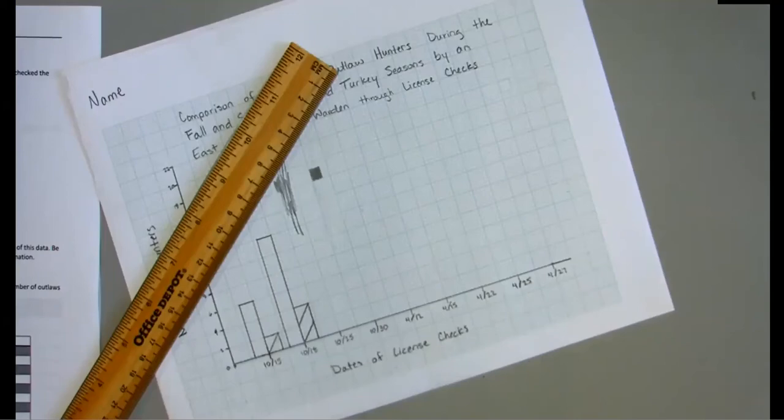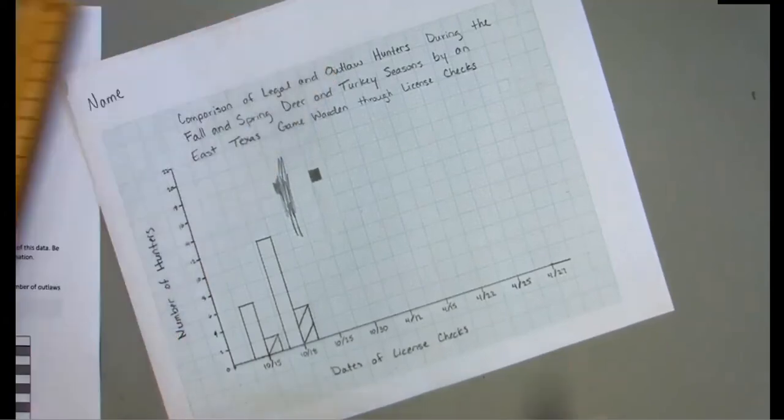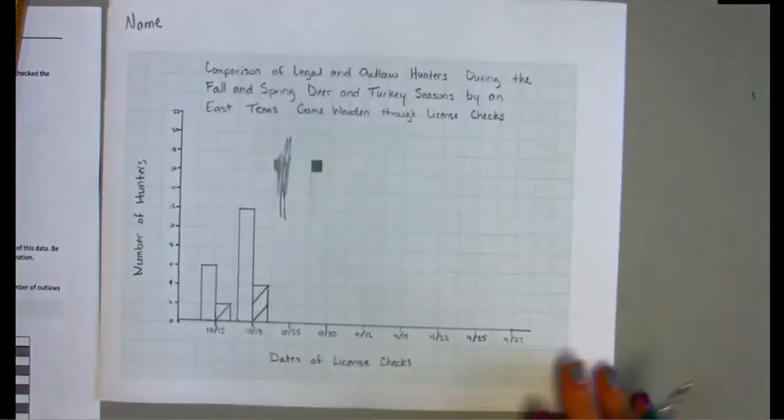You don't have to, but like we said in the PowerPoint, you want these to be as perfect as possible. So the more uniform and more exact you can get it, the better off you're going to be. So now when you look at my graph, it's much easier to see what you're looking at. It's much easier to tell a difference between the two bars.